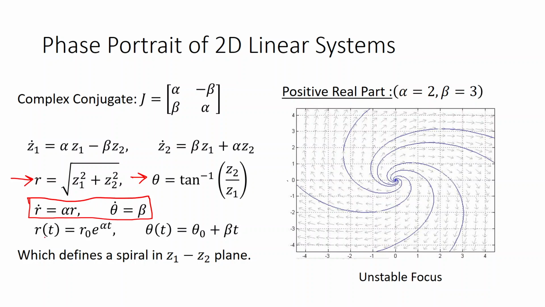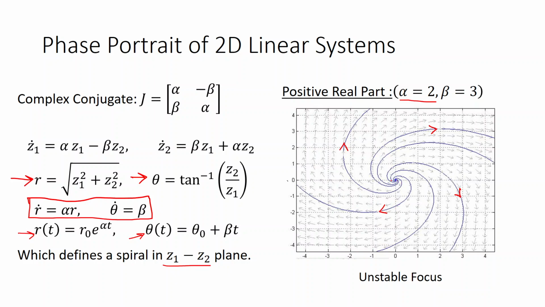You can also write the solutions like this, and it is a spiral in the z1 z2 plane, and the direction of the spiral will depend on the real part. If the real part is positive, then you are basically diverging away from the origin, and you have to give the arrows in the trajectories, and this is an unstable focus.